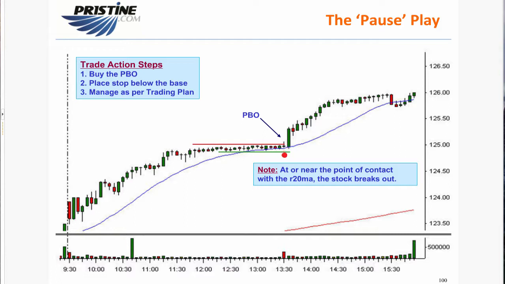So you would have been triggered into this on that little candle that closed with a topping tail. This is why we put our stop under the bottom of the base, and also why we need to be patient. Not every breakout is going to just explode higher once it clears the top of the range. That is, of course, the ideal scenario, but we don't always have the ideal scenario playing out.